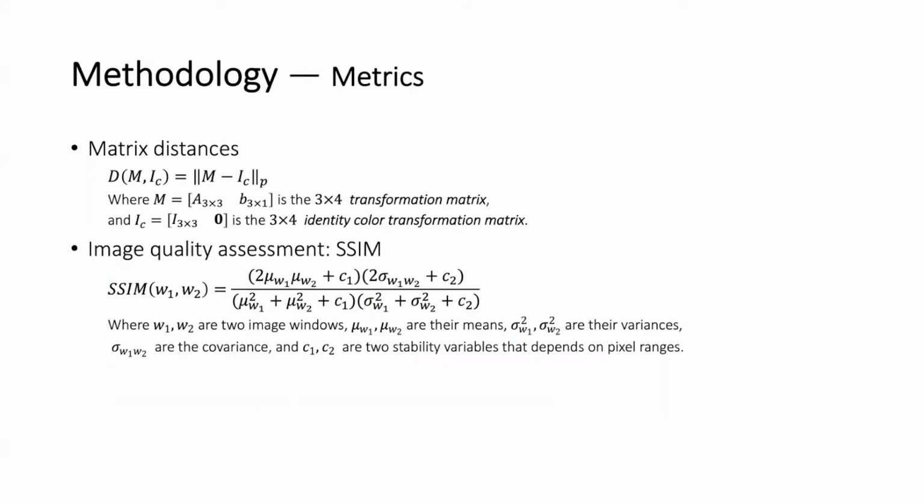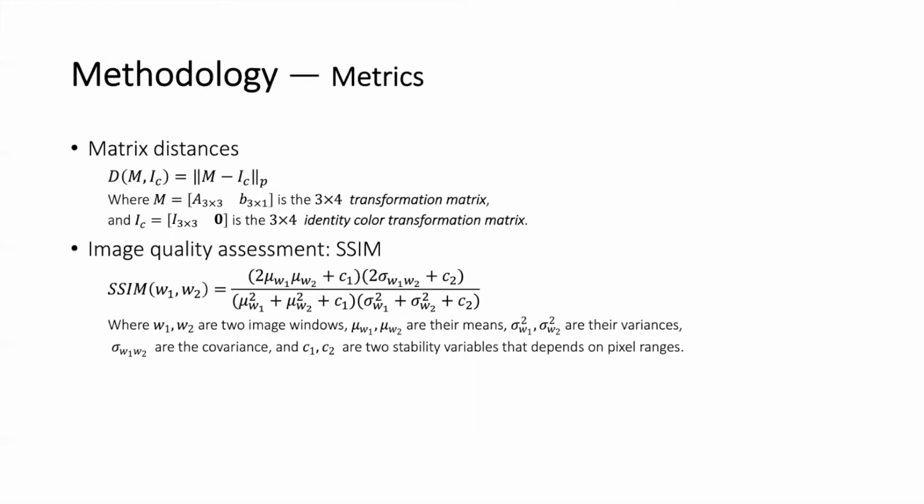Although we do not consider LP distances, we still need some metrics to measure the quality of the transformed images, because we want to keep the images still recognizable by humans. We propose two metrics for transformations here. The first is we measure how large the transformation is by computing the matrix distance between our transformation matrix and the identity transformation matrix. Here we assume that larger distances are more likely to make larger transformations.